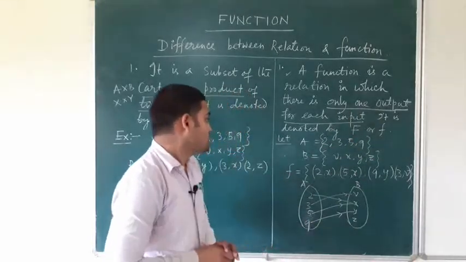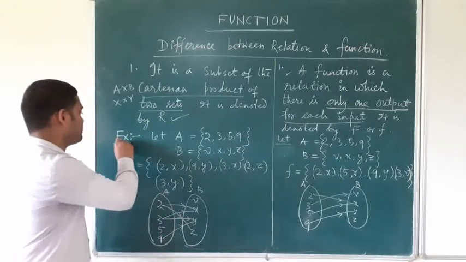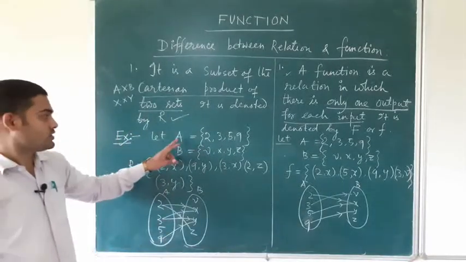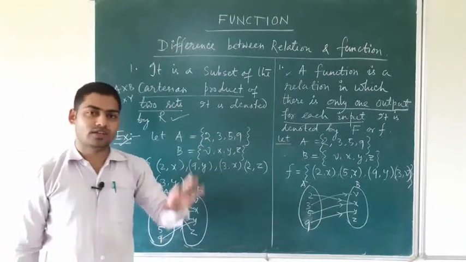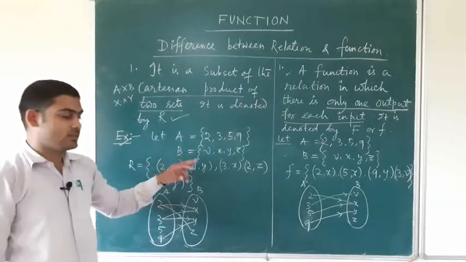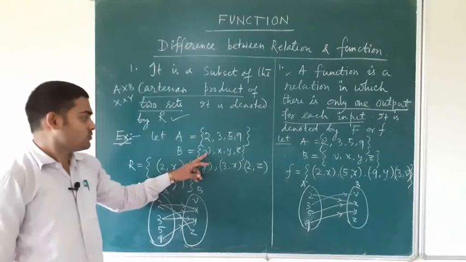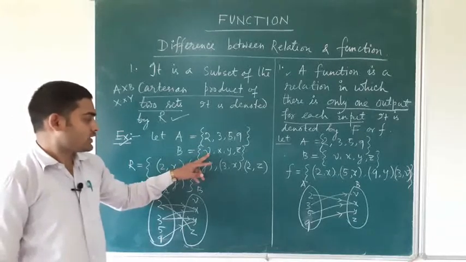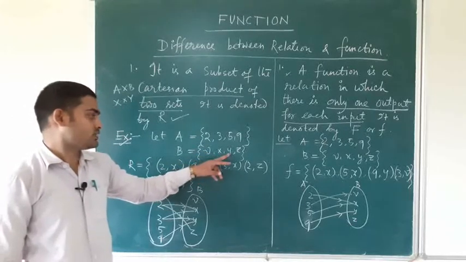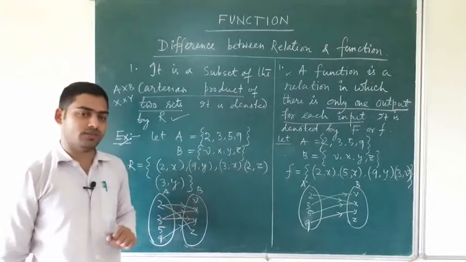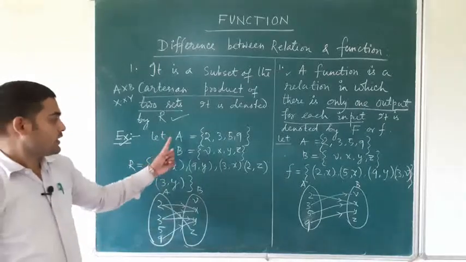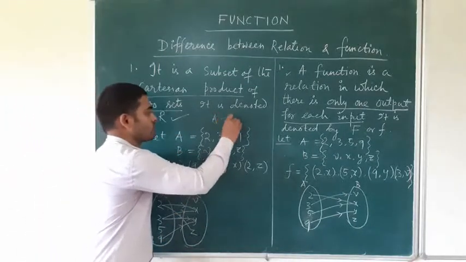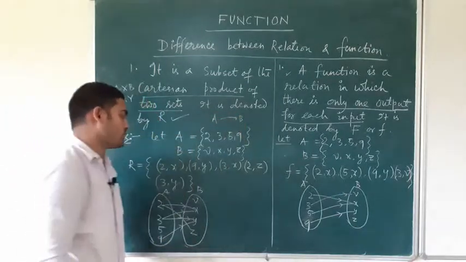Okay? So for example, let set A contain 2, 3, 5 and 9. Set B contains V, X, Y and Z elements. And the relation is from A to B. Okay?